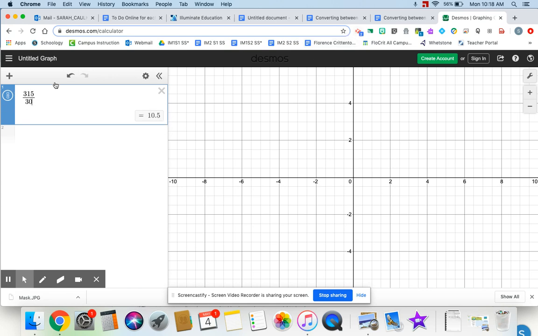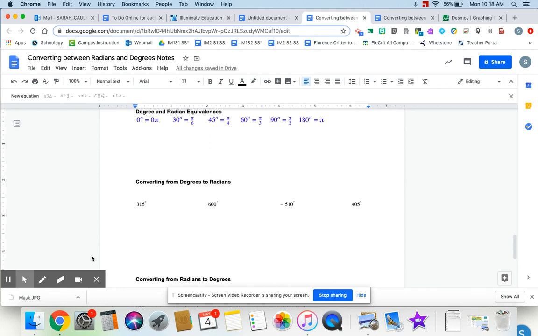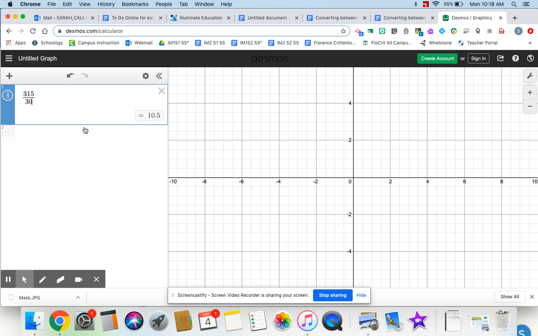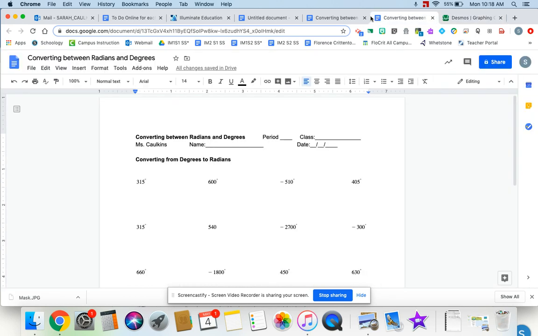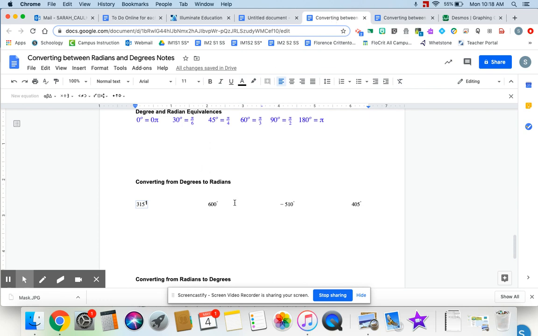It ends in a 5, and most things that end in 5 can be divided by other things that end in 5, for example, 45. So I might think that this belongs to the pi over 4 family. So if I do 315 divided by 45, I find out I get 7 45s, which means 315 degrees is the same thing as having 7 45 degrees.